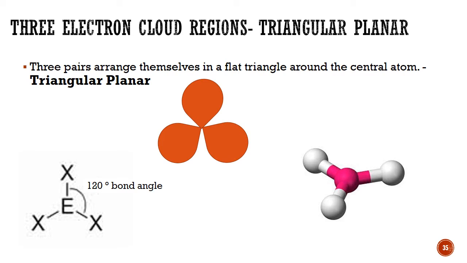So, if you look at the right-hand side, the molecule with the white and pink, you can see that there are three things attached to the center, and they're as far apart from each other as possible, and there's nothing above or below the plane of the molecule, so it's planar. The bond angles between each of the atoms around the center are 120 degrees, because now it's a triangle, 120 degrees.